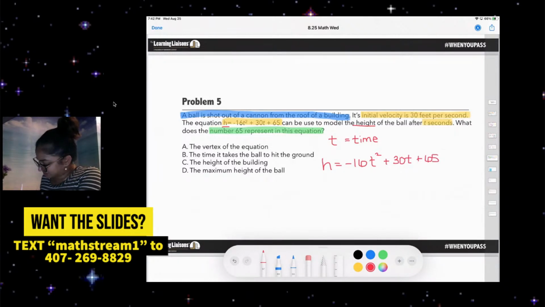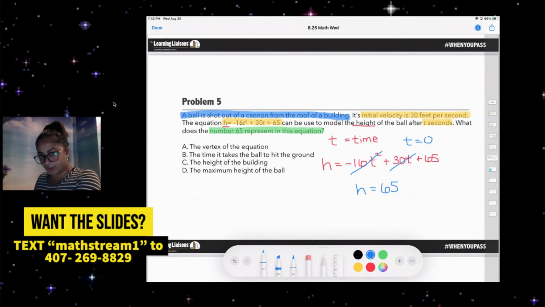So if t is equal to 0, which is our initial time, it means where we start, this would go away because anything times 0 is 0, and this would go away, which means anything times 0 is 0, and we would be left with a height of 65.